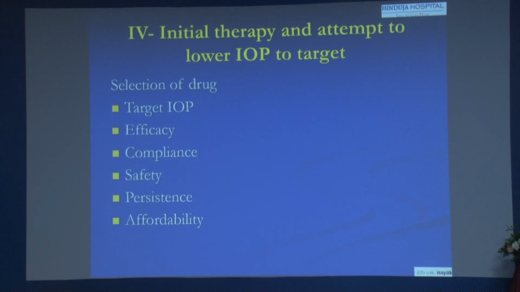You start with the first line of drugs, because they have the least side effects and maximum efficacy. You have to select the medicine based on what type of patient you are dealing with, whether the target will be achieved or not, the efficacy, the compliance, the safety of those drugs, the persistence, and on top of it also affordability.